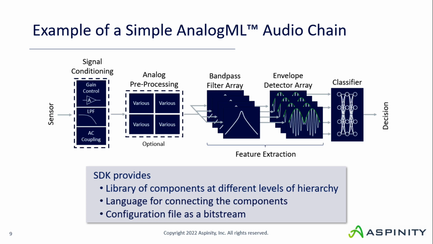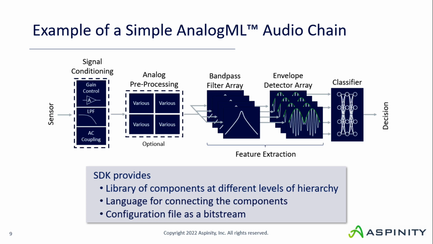So for instance, in this case, you might want to start with some sensor conditioning of the incoming sensor signal, like getting rid of the DC offset, filtering high frequency noise, and appropriate amplification. And then you can feed it into, if you need it, some analog pre-processing blocks before you split it up into features. A really simple example of a feature in the audio domain would be some form of a spectral decomposition. One way you could do that is to instance an array of filters and then take the outputs of those filters and feed them into envelope detectors to understand what's happening in terms of the magnitude in each of those subbands.